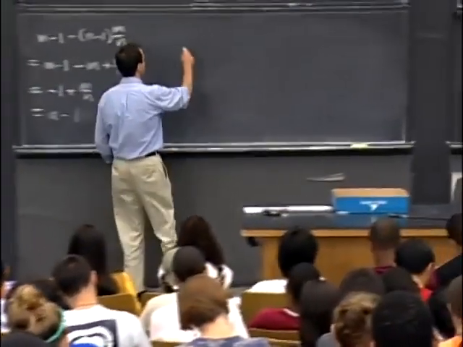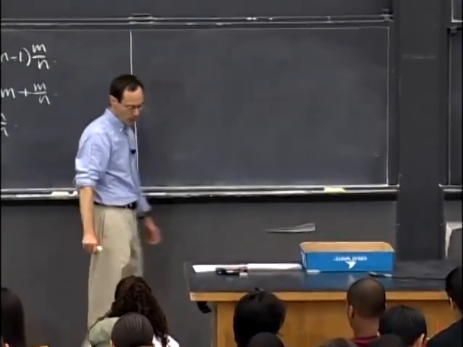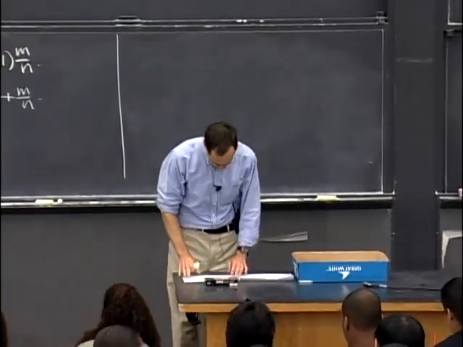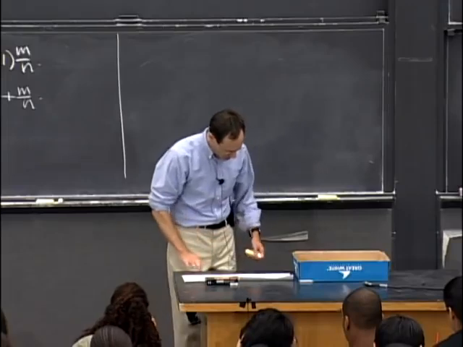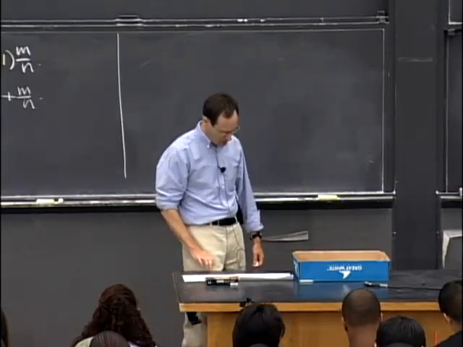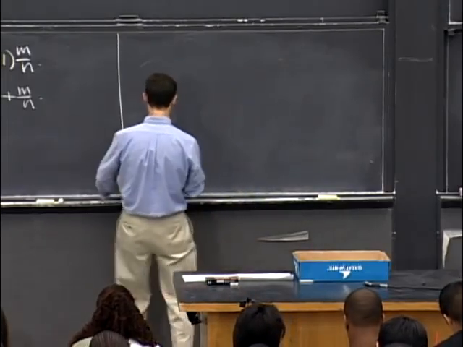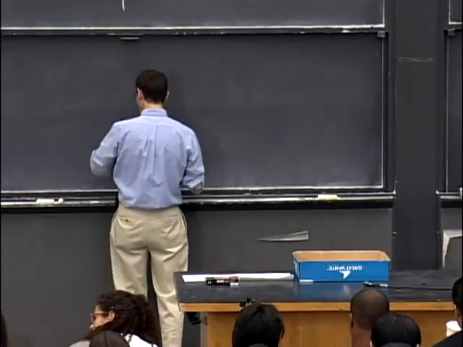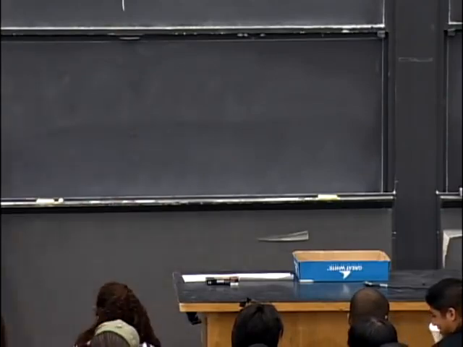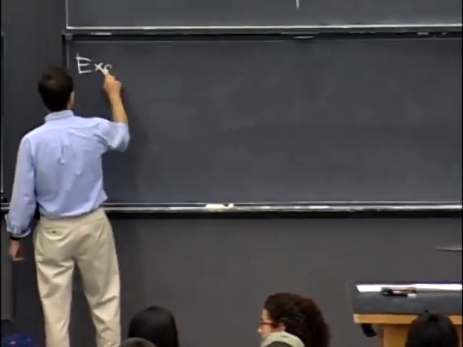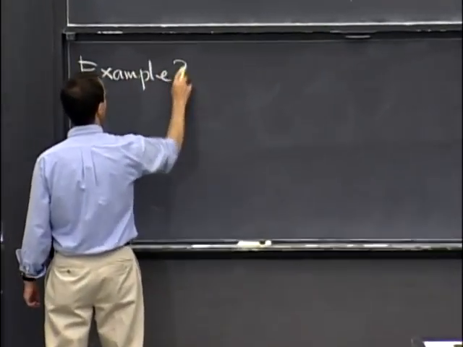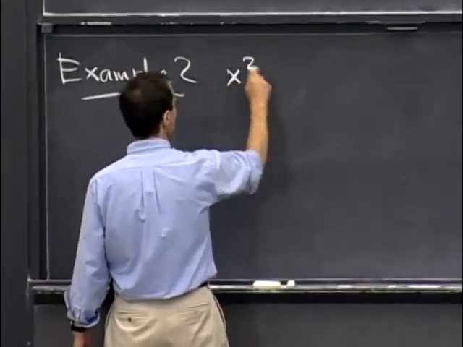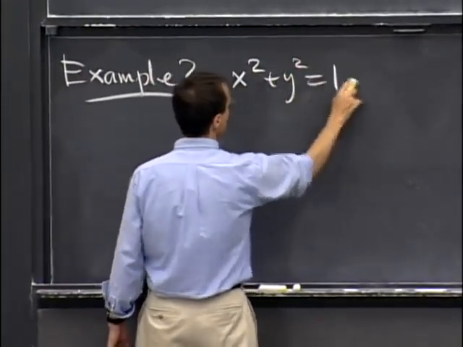All right, so we've done our first example here. And I guess I want to give you a couple more examples. So let's just continue. The next example, I'll keep it relatively simple. Example 2 is x squared plus y squared is equal to 1.